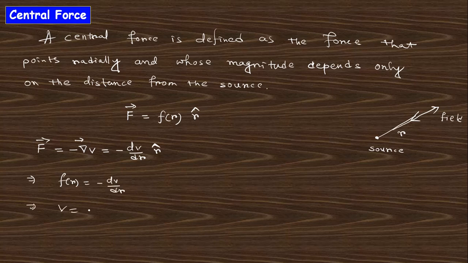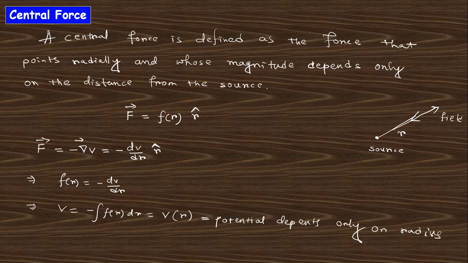So you can see V equals minus the integral of f of r dr. So this is nothing but a function of r only, right? So the potential depends only on radius. This is the important feature of the central force. A central force is a force which follows this relation.